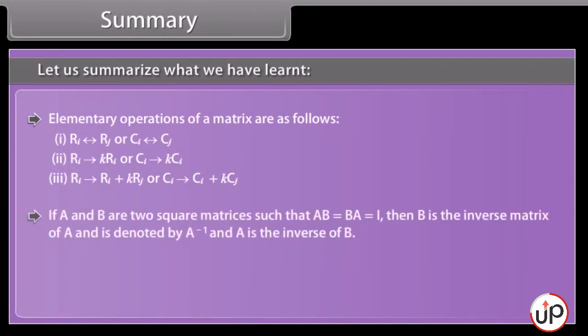If A and B are two square matrices such that AB is equal to BA is equal to I, then B is the inverse matrix of A and is denoted by A inverse, and A is the inverse of B. Inverse of a square matrix, if it exists, is unique.